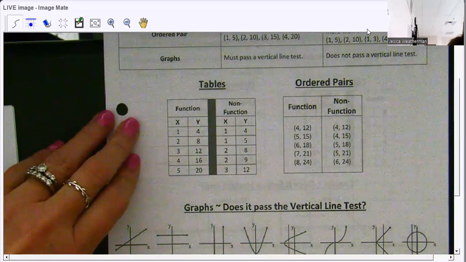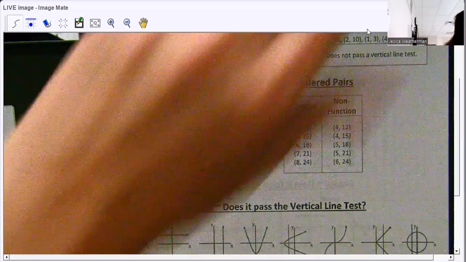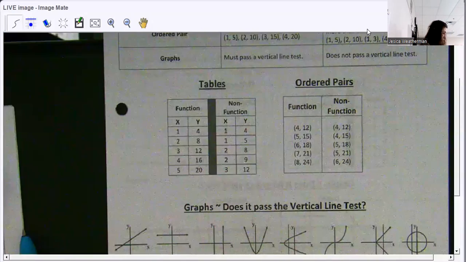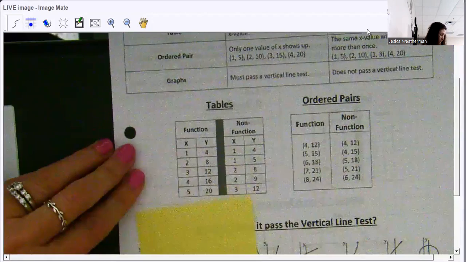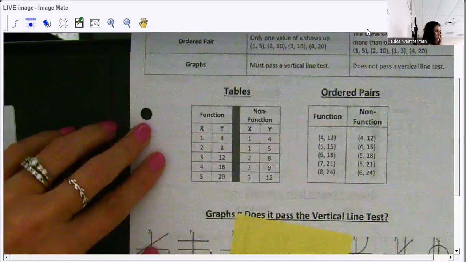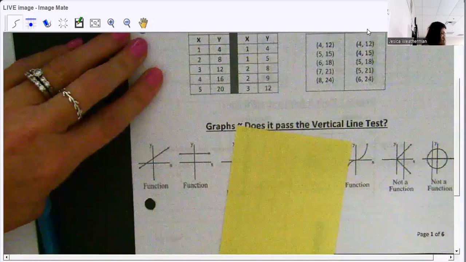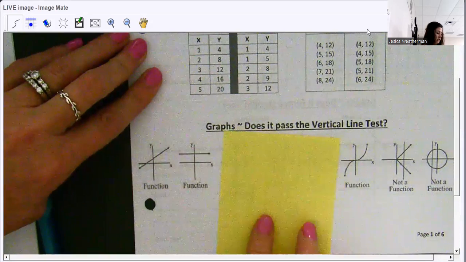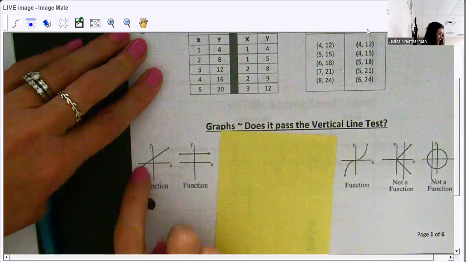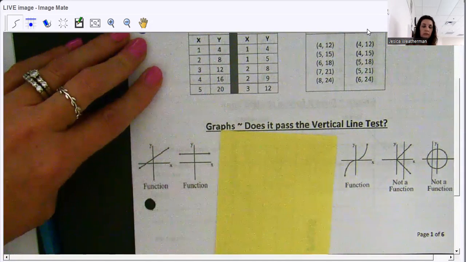Let's use a paper. I'm going to use a yellow piece of paper. If I run this yellow piece of paper across this graph, is this line going to touch my yellow paper in more than one spot?